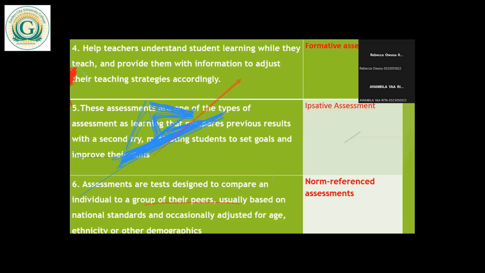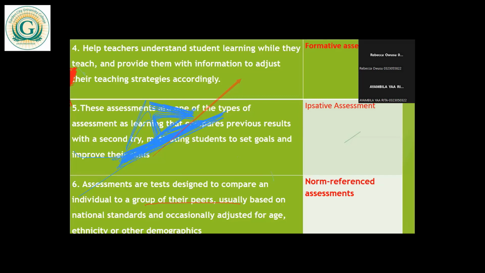So yes, we can say this is assertive assessment, because when you do that, the second result that you compare with the mobile, has it met your set goals? And is it better than the previous one? They are both results. We have assessed ourselves and we are using two results.